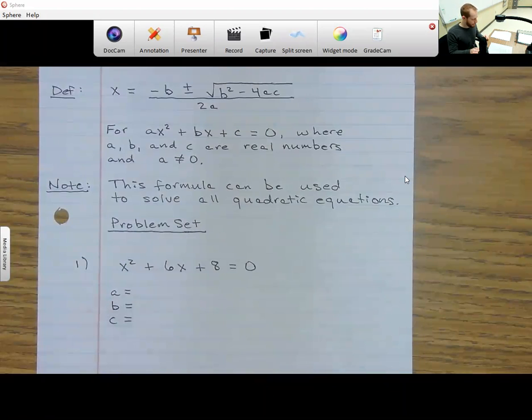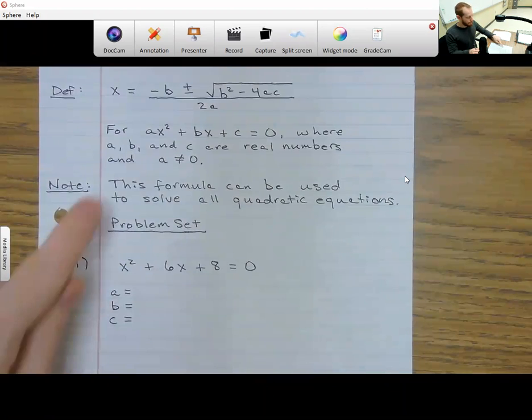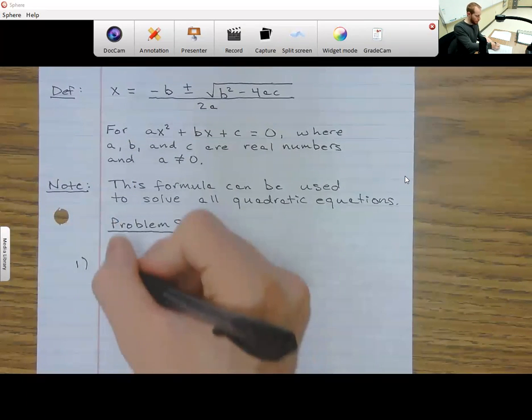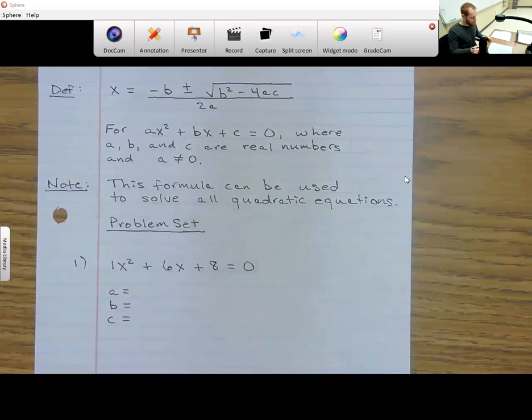Okay? Now, looking up here, I have ax squared. So A is going to be the number in front of the x squared. And looking at this x squared right here, if there's no number out in front of the x squared like there should be, then we assume it to be 1.